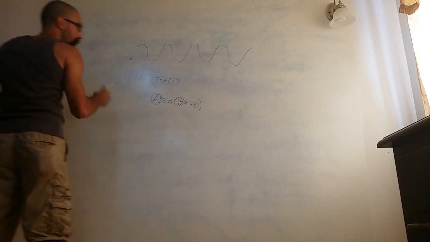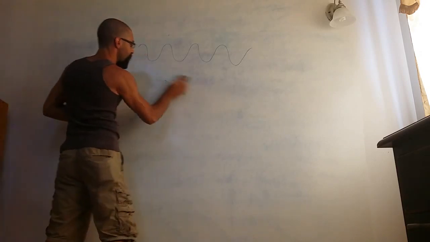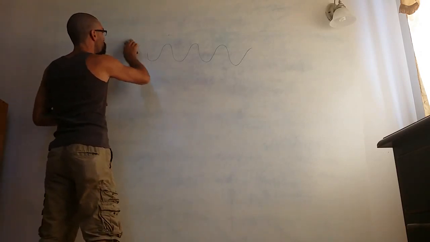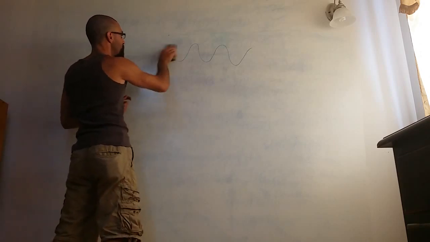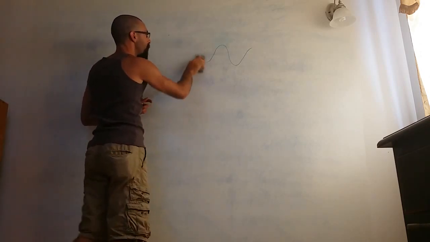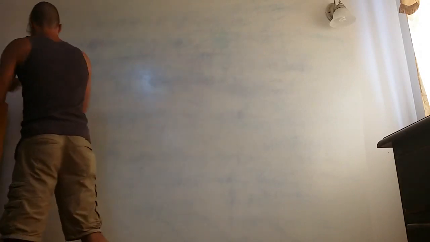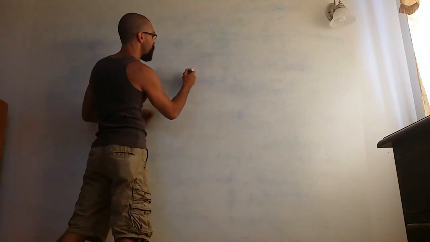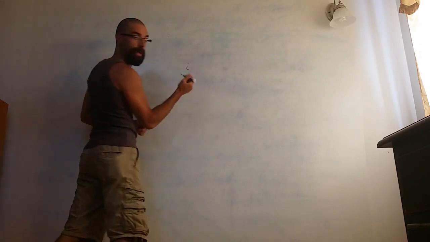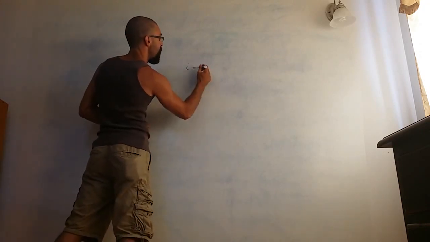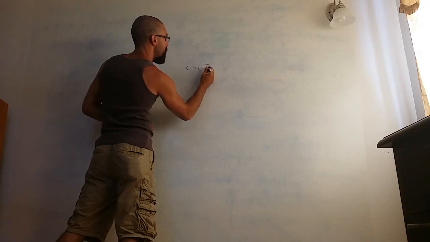Now, in quantum mechanics, we use a nifty little function, and it's called Euler's formula. And basically, Euler's formula uses something called complex numbers. So maybe I'll explain that a little bit. A complex number is something multiplied by i, and i is defined as the square root of -1.